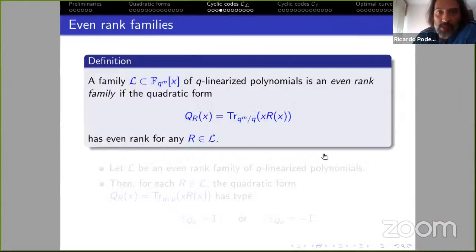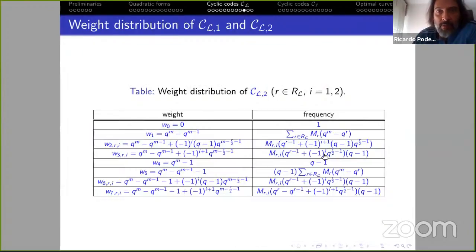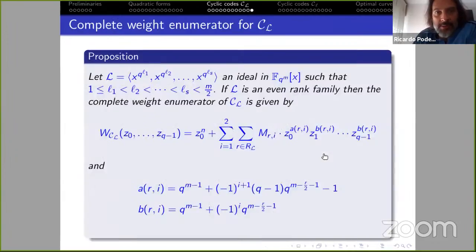I'm summarizing the results. We can also compute the complete weight enumerators, but I am not going to get into the details of this; we can compute them with similar formulas, in this case for C_L.